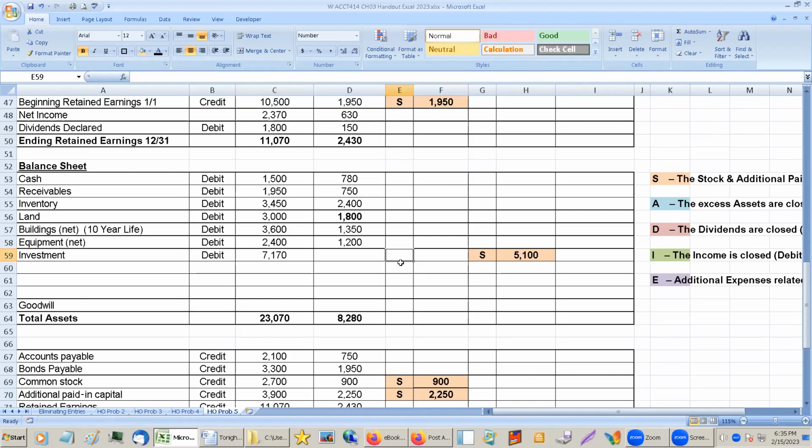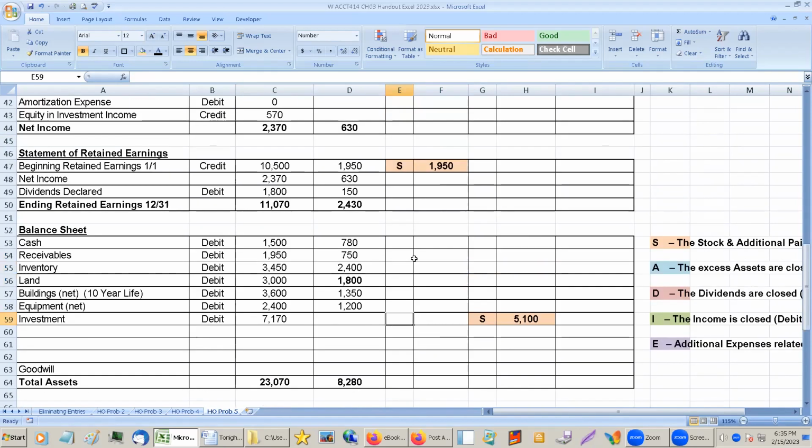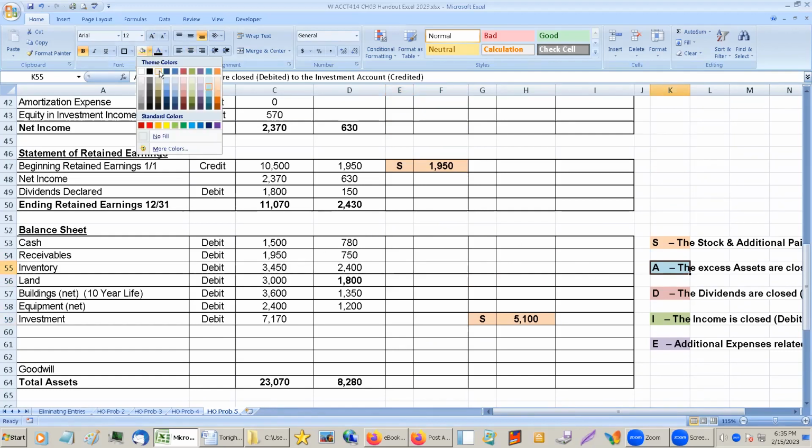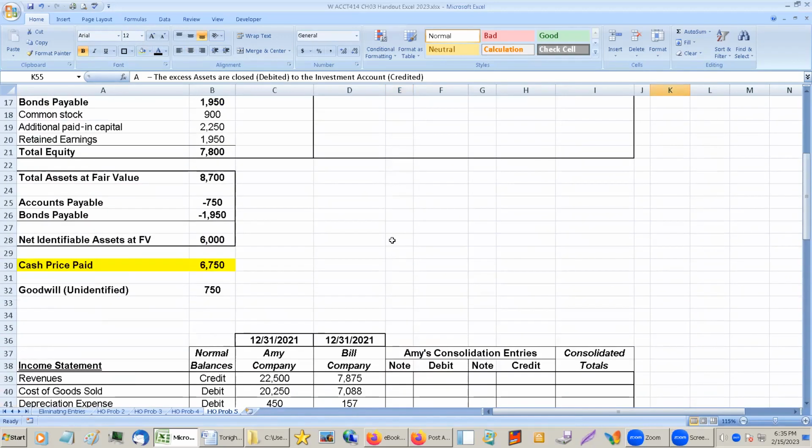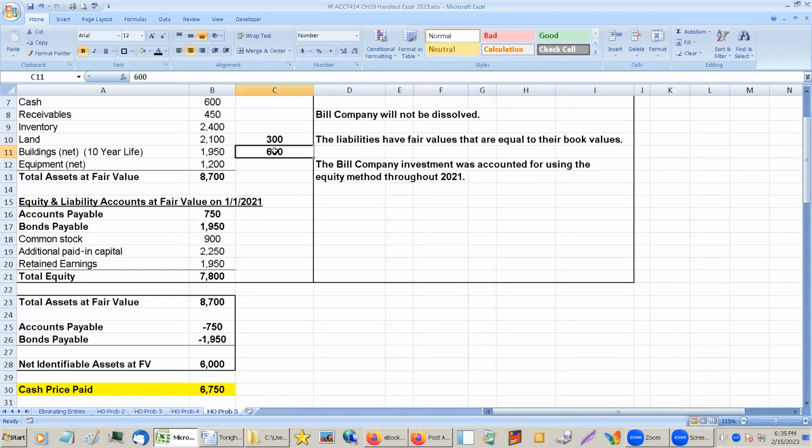All right, so investment account. Oh no, we want assets. All right. Our assets are 300 to 600.